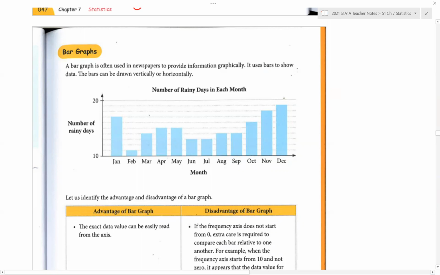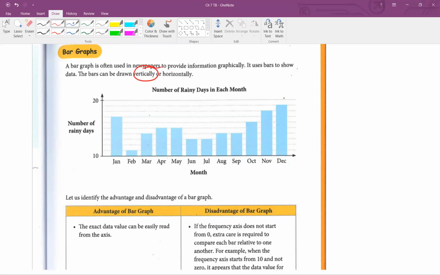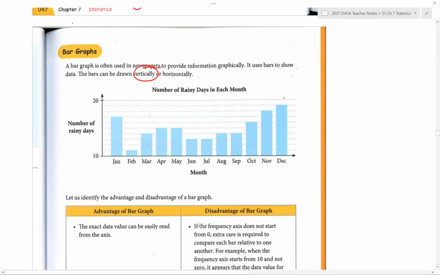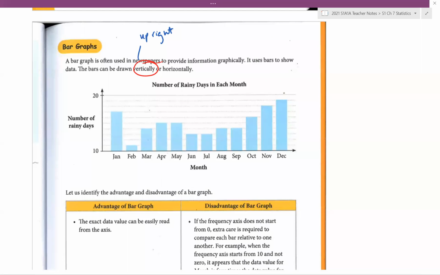Please circle the word vertically. Page 48. Yes, what does vertically mean? Upright. Okay, so upright, like standing up. Then we have horizontally.